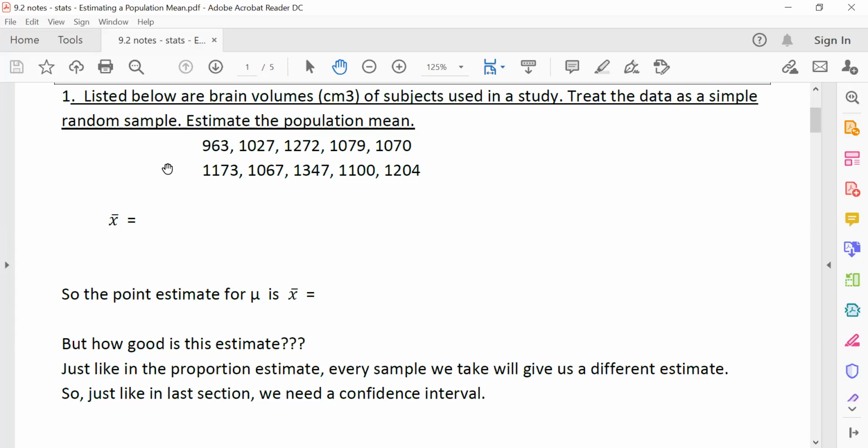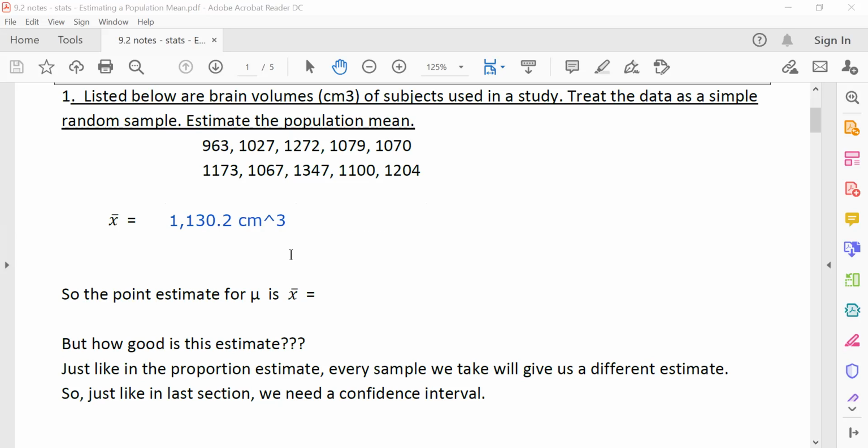And then there are 10 things, so we divide by 10. We're going to get x bar, 1,130.2 centimeters cubed. So the average of these 10 brain volumes, which is something I've never thought to calculate before, is 1,130.2.